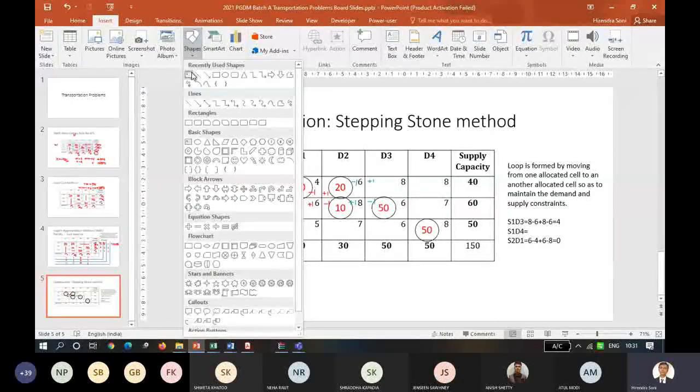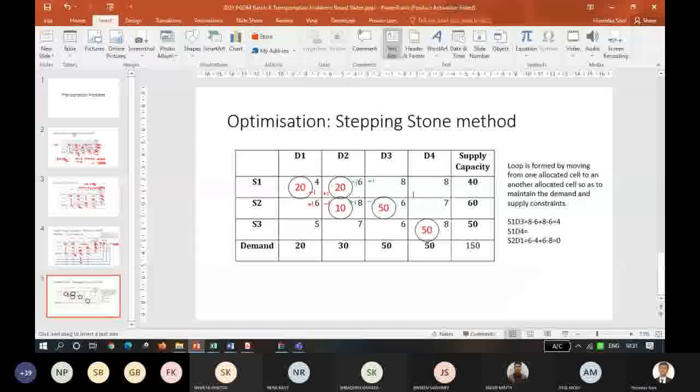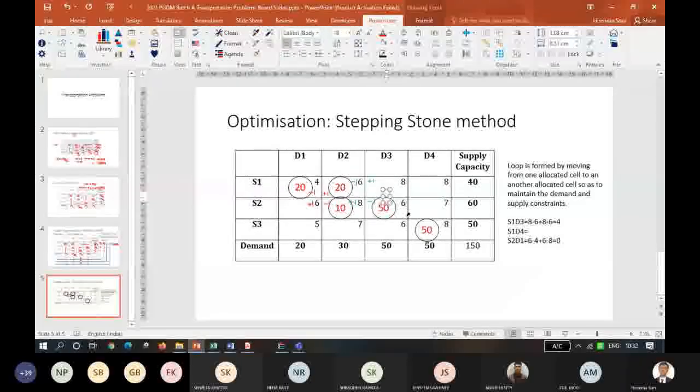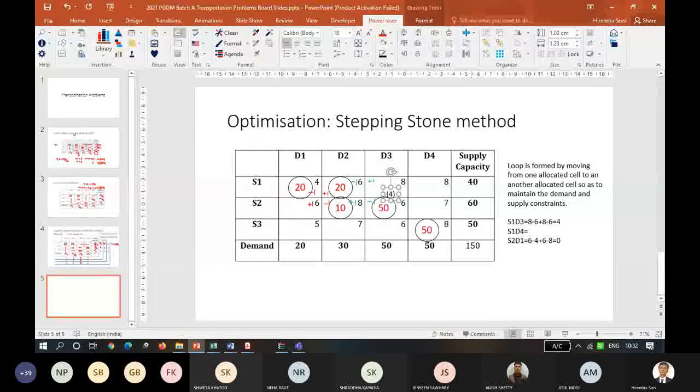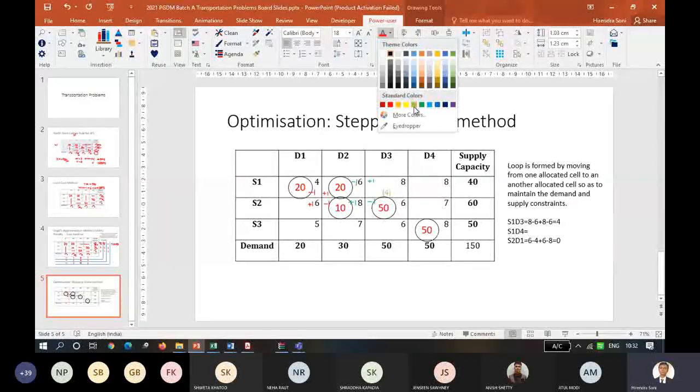Here we have got it as 4, correct? And I will make its color the same so that you can easily make out how the loop was formed.